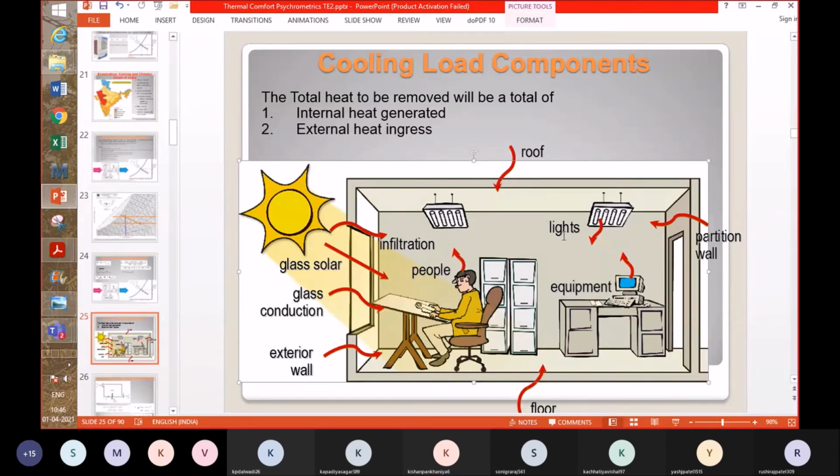Now there can be different equipment in the room. Just one thing is shown here, one PC, which generates heat, and that heat gets added. There could be many other equipment also. If it is a classroom, there could be an LCD projector, so that will also be adding to this.